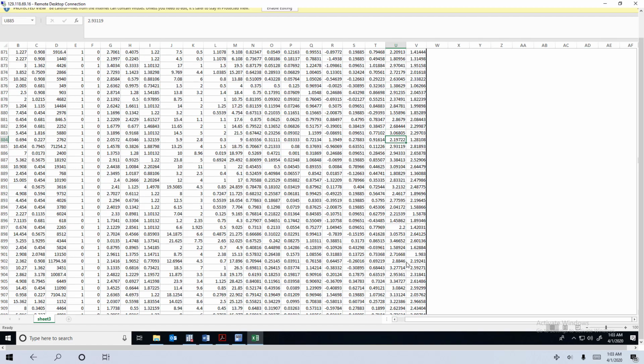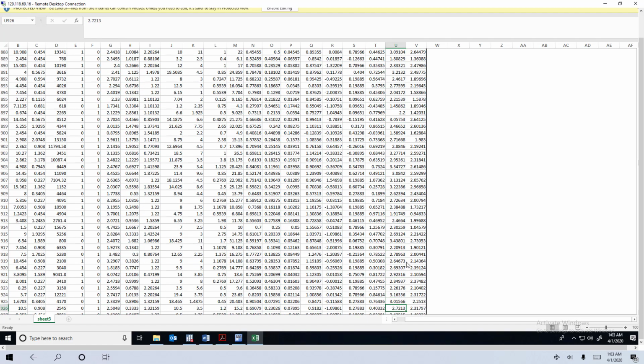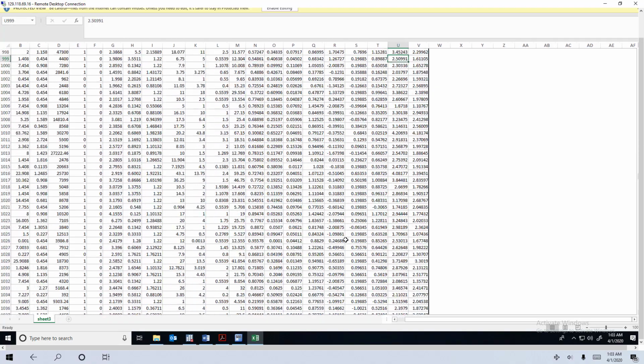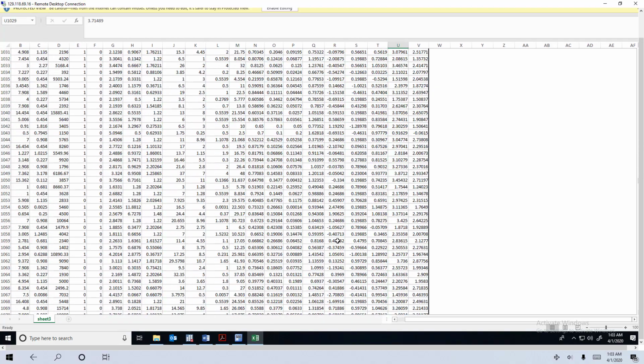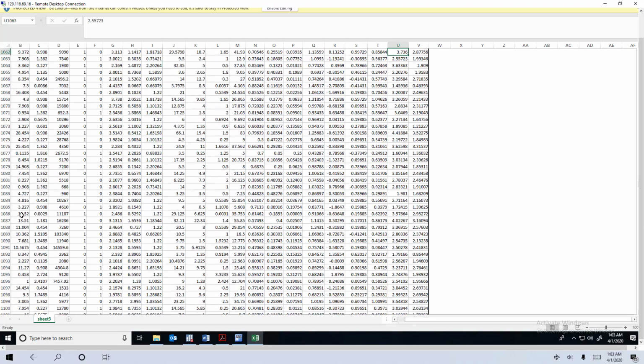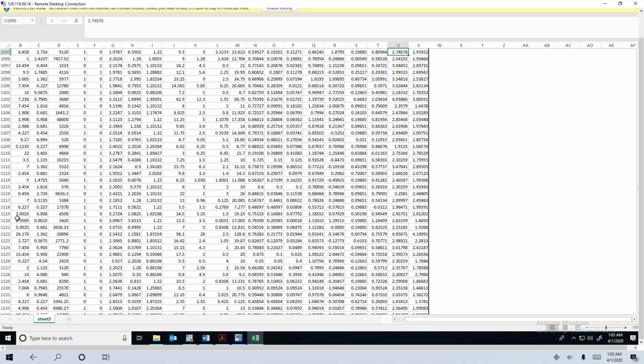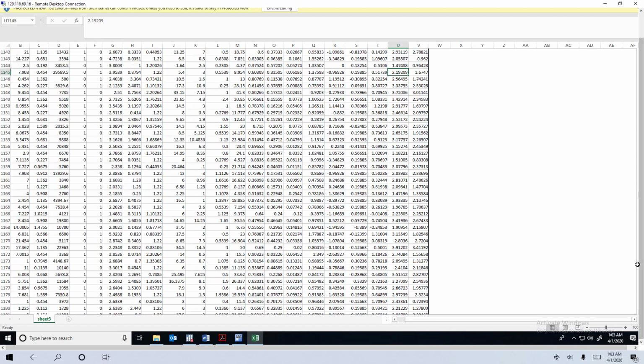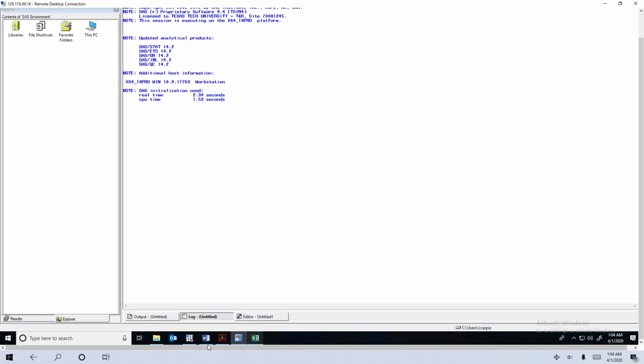Things are slower since I'm using the remote access. But as you can see, we have several thousands of observations. We will see exactly what the number is, but I wanted to show you that. That's kind of common in consumer expenditure surveys to have that number of observations.